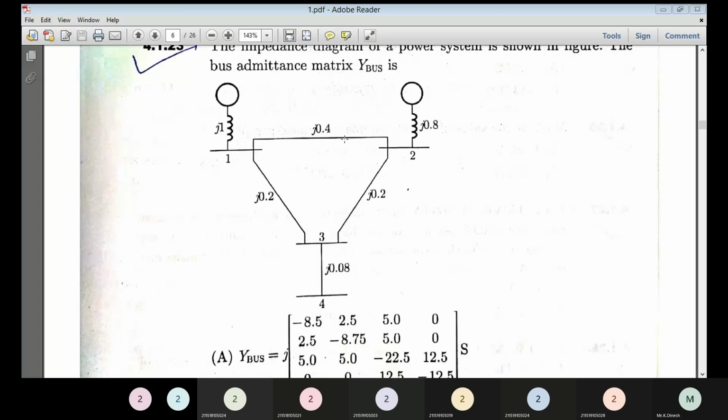We have 4 options, either A, B, C or D. Which matrix is correct?